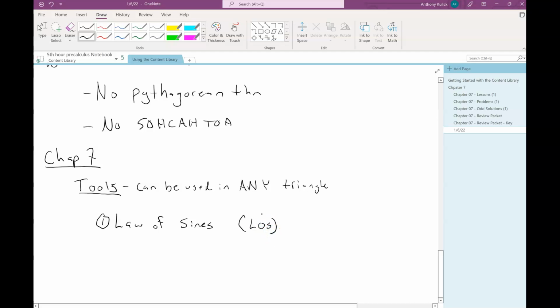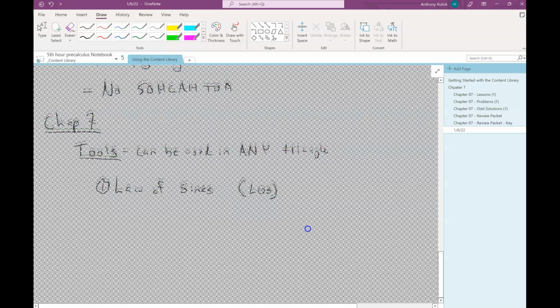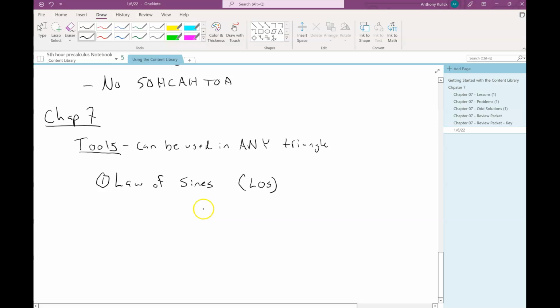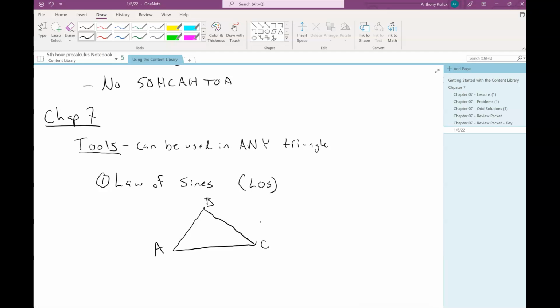The first tool is called the Law of Sines. I like to abbreviate that as LOS for Law of Sines. So what the Law of Sines says is if I have a triangle, and I've named this triangle ABC, I'm going to name the angles with capital letters. I'm going to name the side opposite that angle with the lowercase letter.